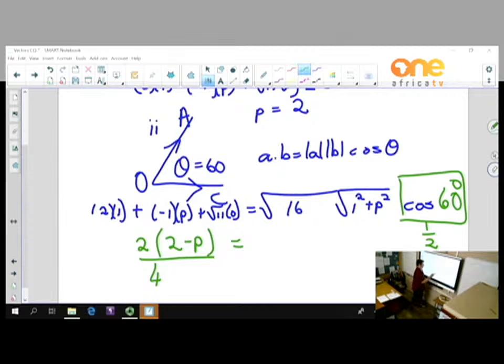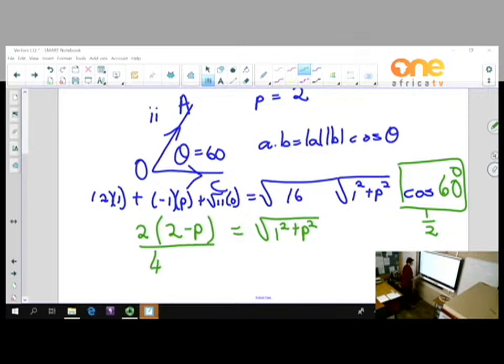And now, remember, you cannot just lift the root there. You have to keep it as 1 squared plus P squared. It is not 1 plus P if you lift the root. We can only do that when it's multiplication or division, not with addition or subtraction. So we first have to keep it like that.